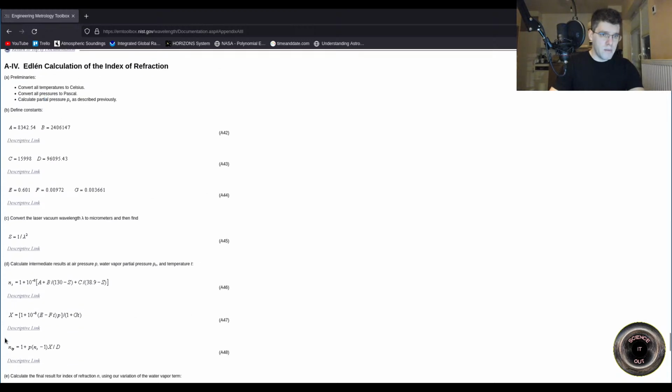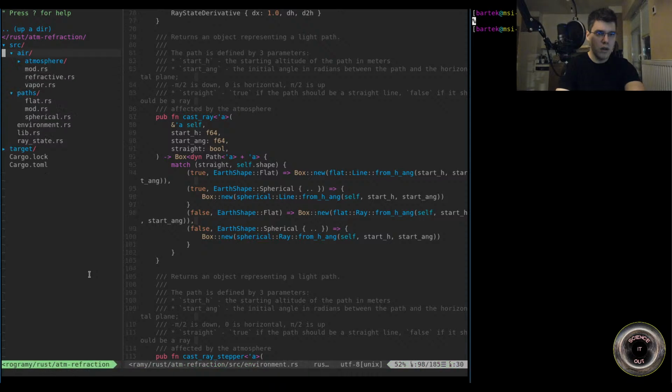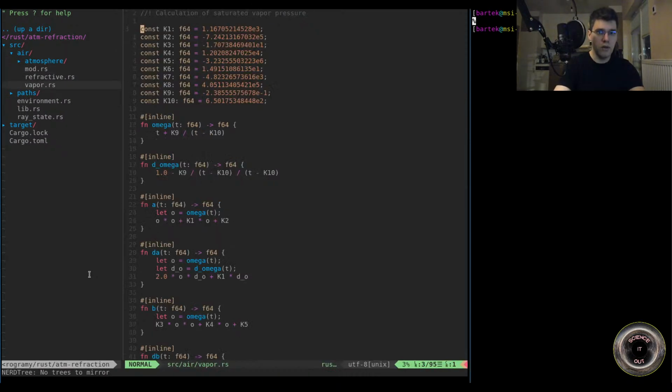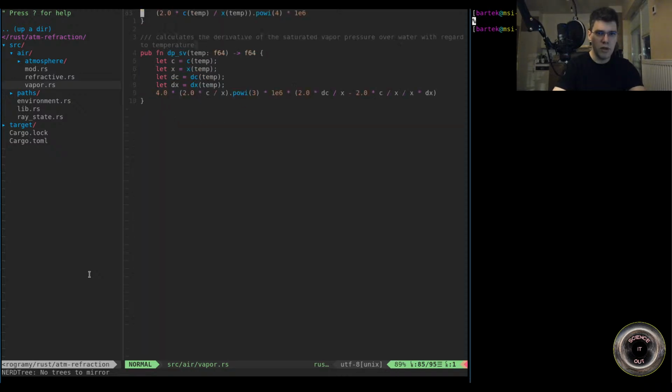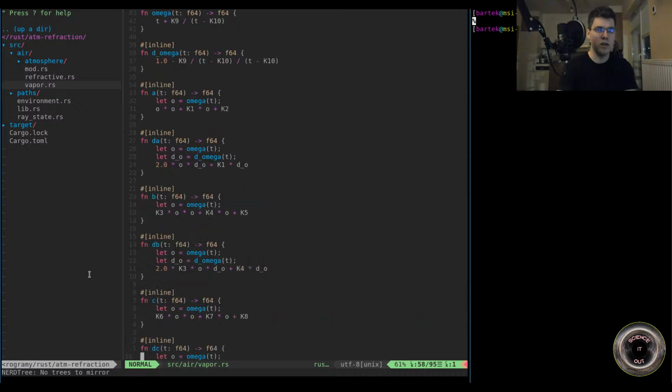Anyway, that's basically what I'm using to calculate all this stuff. And again, if you want to see the code, this is all here. So actually, I already have the code for calculating the water vapor pressure. It's pretty much unreadable because it's directly copied from the website, so it only makes sense in the context of the website if you look at it.